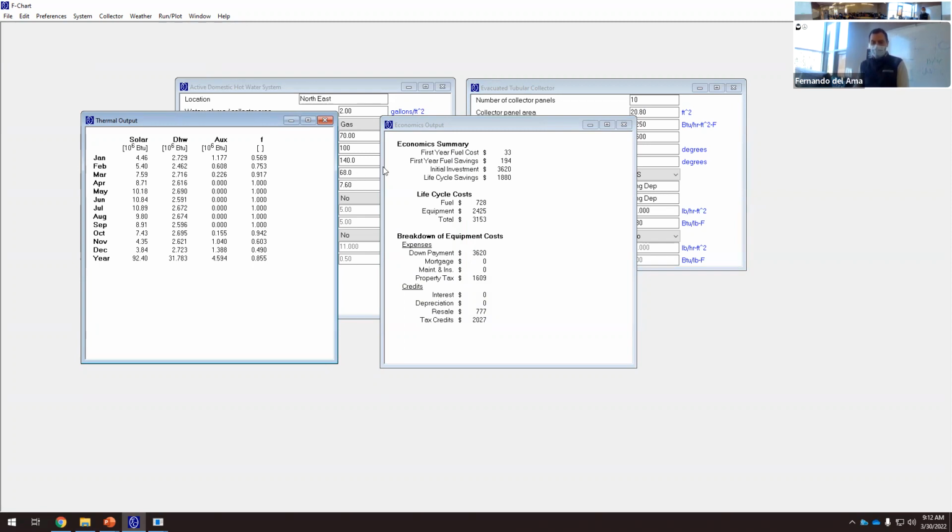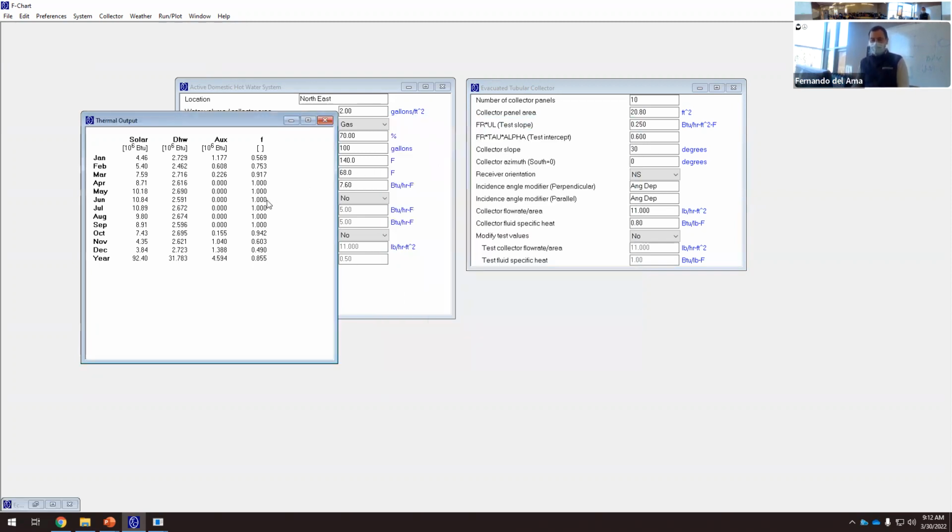That means that in summer we might have trouble overheating the system. So that's why setting a goal of yearly F value 0.6 is good, because that means that in summer we won't have problems when it comes to overheating.